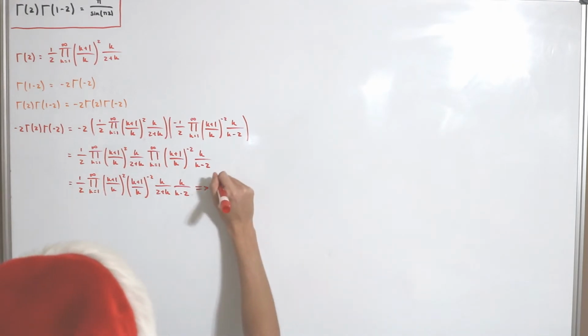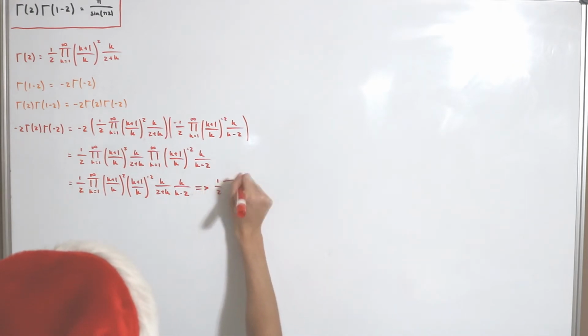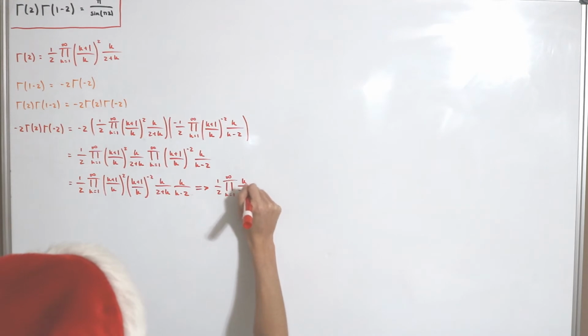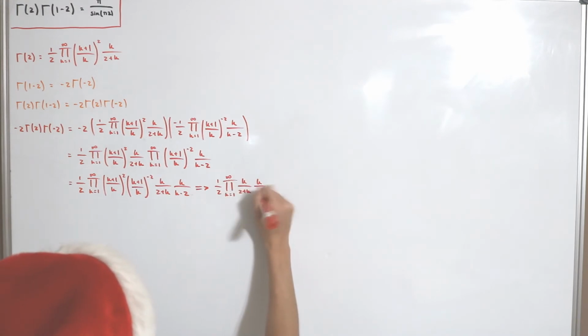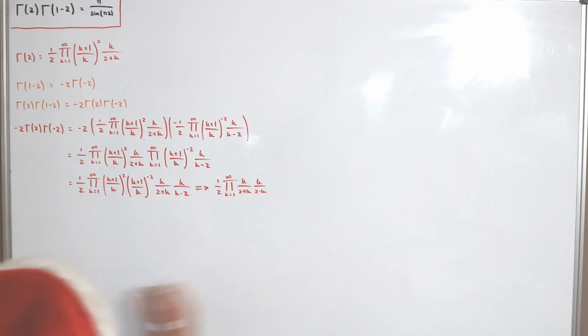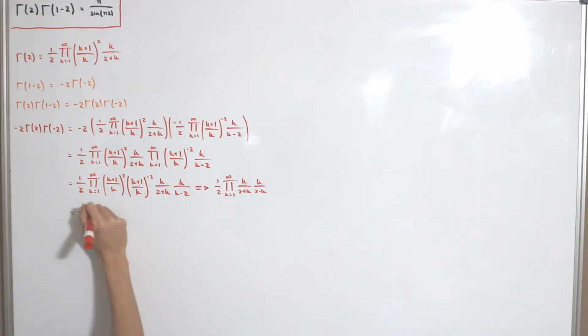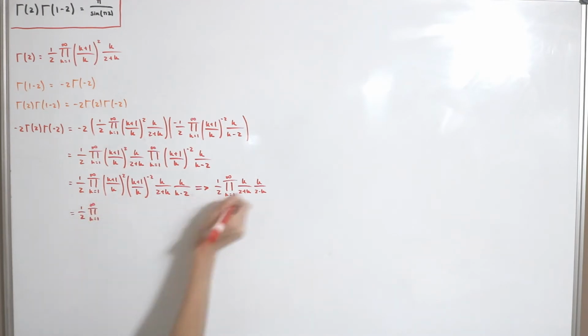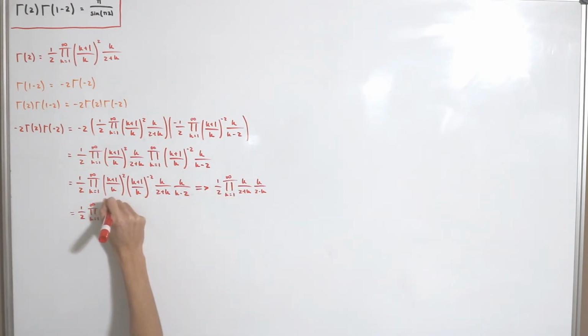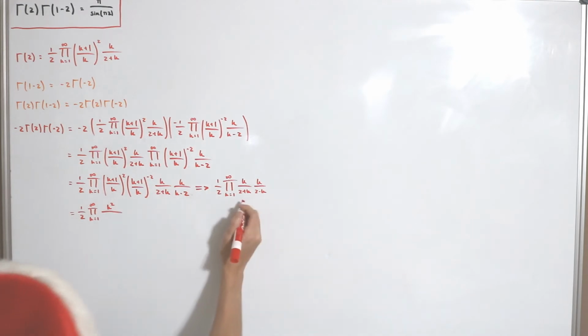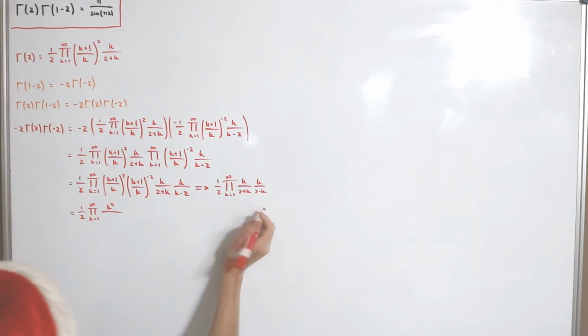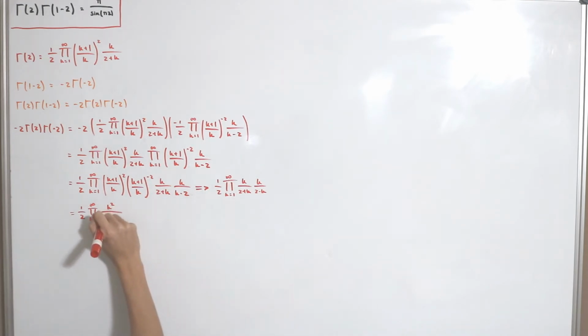So we get 1 over z multiplied by the product of, the numerator will be k squared, divided by, this is just a difference of squares, so k squared minus z squared.